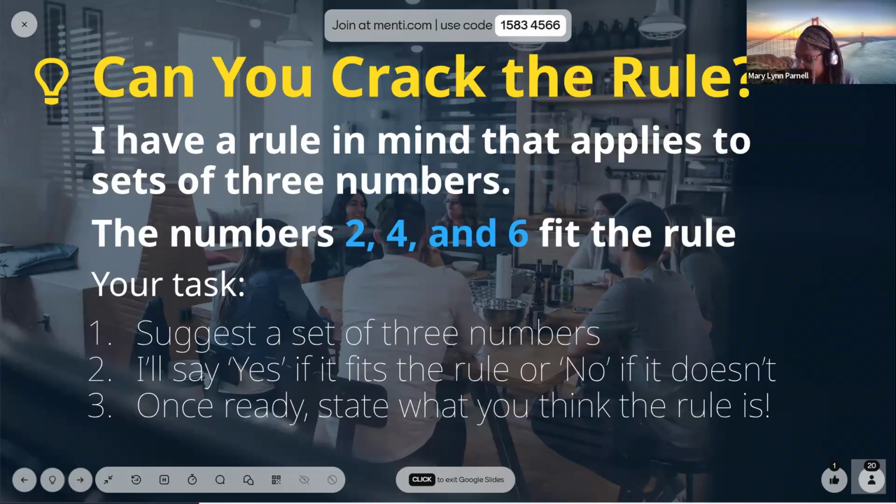All right. What do you think the rules are? Any three numbers in ascending order? Ascending order. Very good. Yeah, it's any increasing sequence.